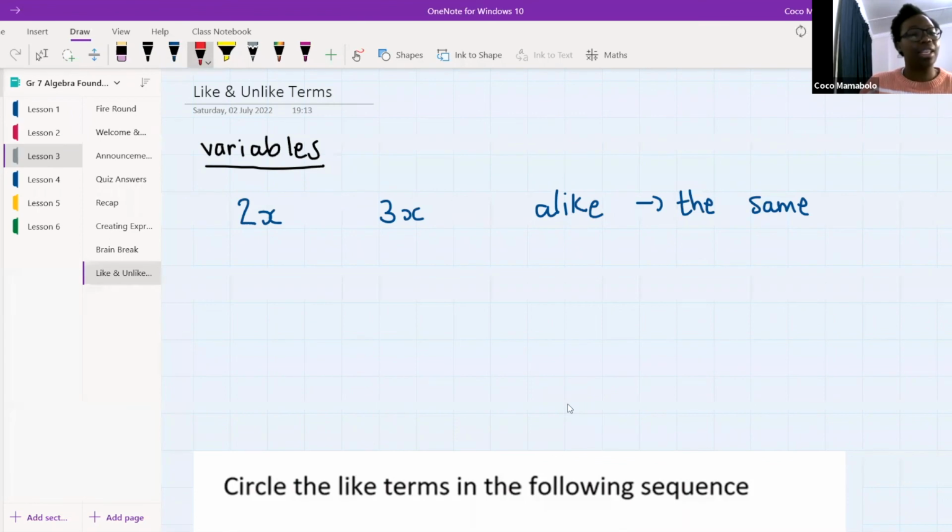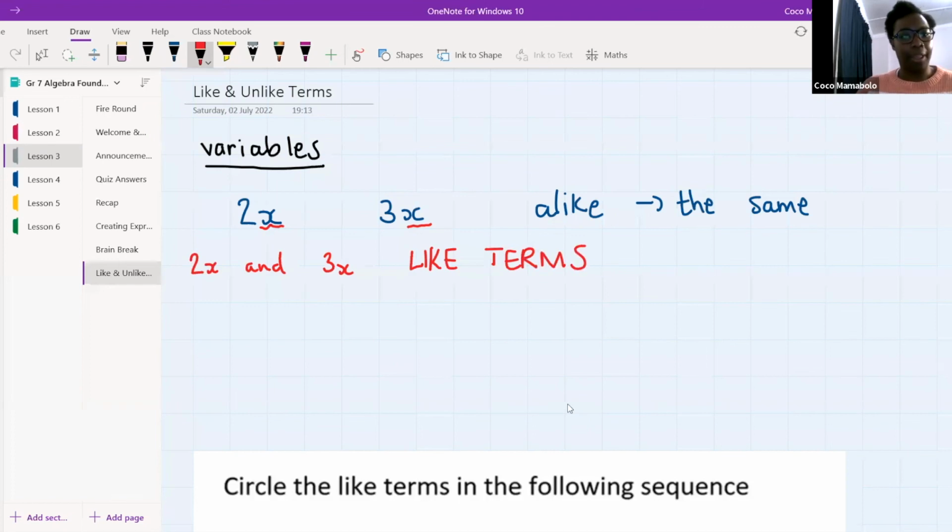Exactly. Excellent. You said it so well. Exactly. They both have x. Okay. That means that 2x and 3x are like terms. And if you guys remember anything from today's lesson, I want you guys to remember like terms.